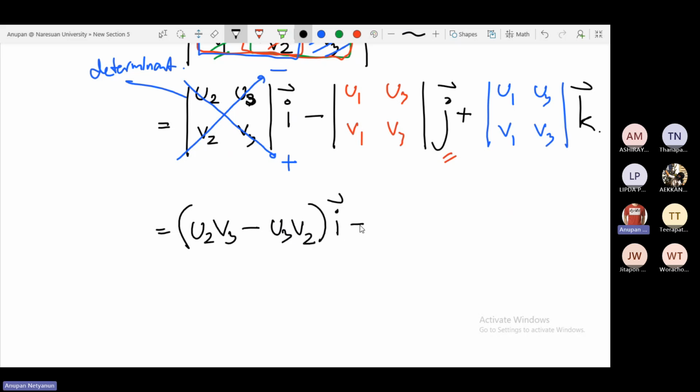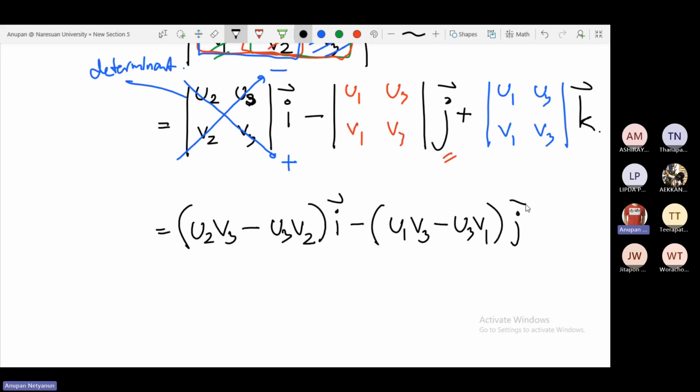And then you have minus, right? In the diagonal, but downward, you have U1 times V3. It's going to be positive. And diagonal, but upward, you have negative or minus V1 times U3, or U3 times V1.